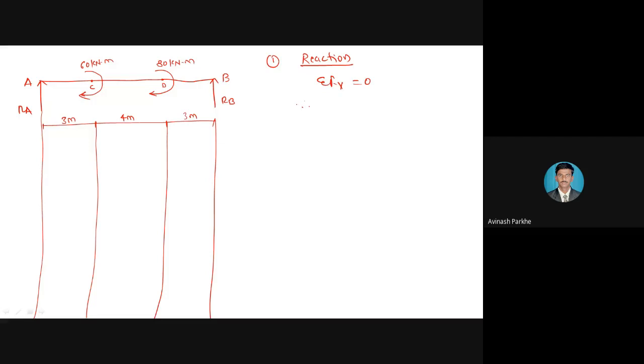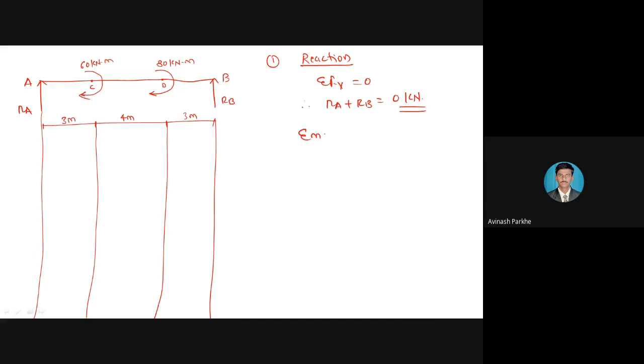Summation of vertical forces means we are considering only forces whose unit is kilonewton, but the unit of the couple is kilonewton meter. So how many forces are there on the beam? Two forces, RA and RB. Therefore, RA plus RB is equal to 0 kilonewton, because not a single force is applied in the downward direction.